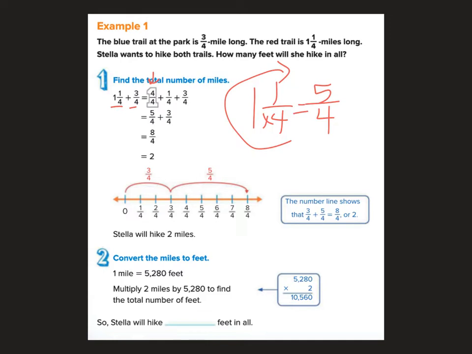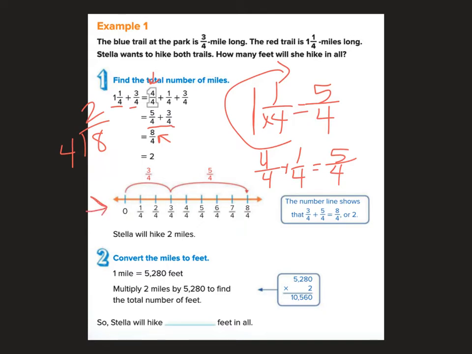They're doing it the other way where they break it apart, and they say, I'm going to change my 1 into 4/4 plus 1/4 to get 5/4. Whichever way you do it is A-okay with me. So then we have 5/4 plus 3/4. And then we would get 8/4, which, remember, if we do top divided by the bottom, 8 divided by 4 is just regular old 2.